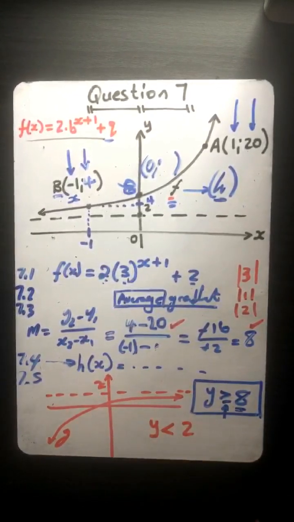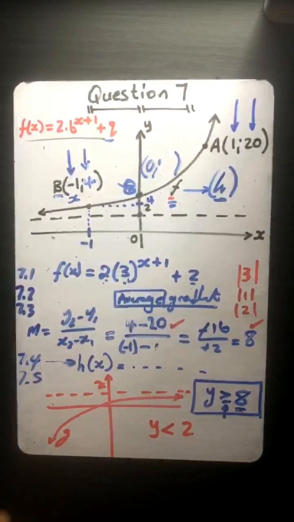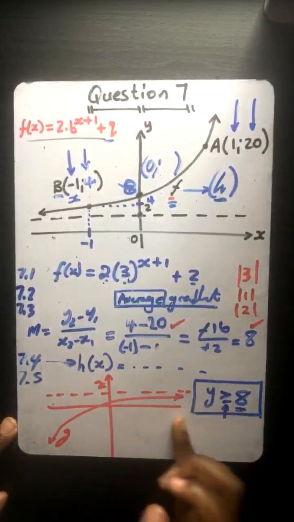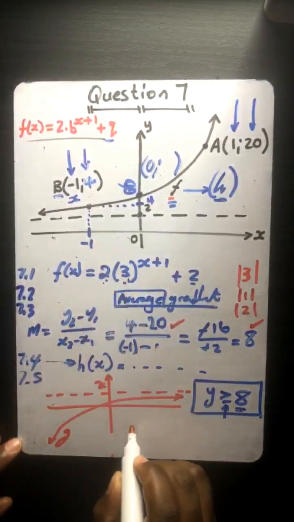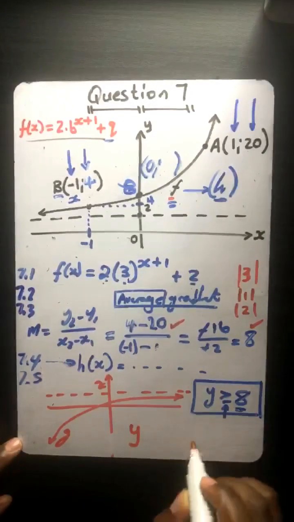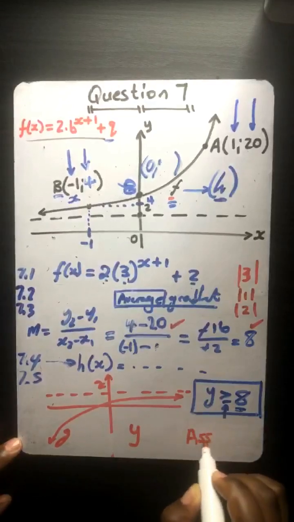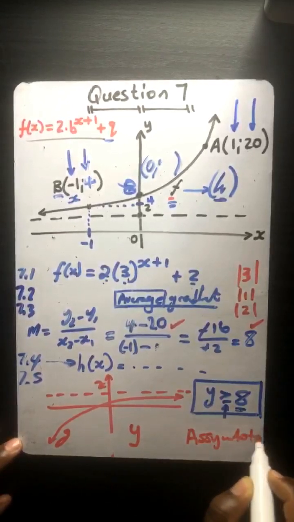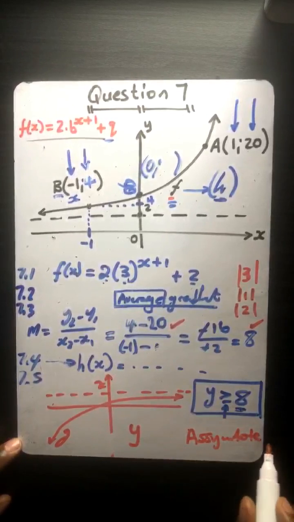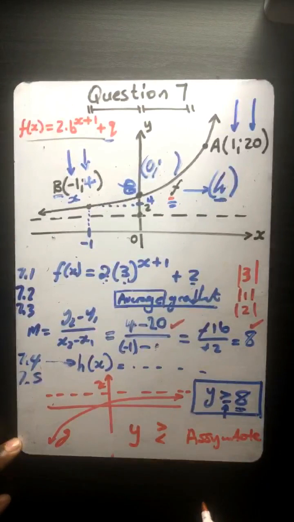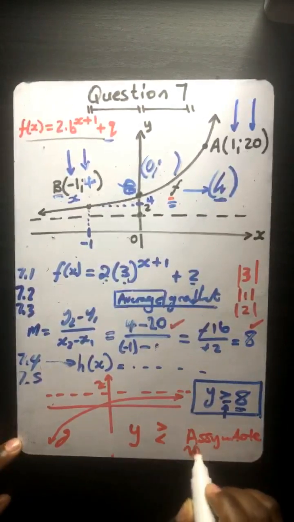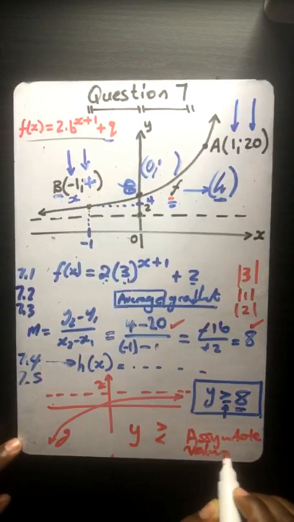So when it comes to the range, in short, I would claim it this way and say y, asymptote. It's just a matter of checking whether you use the greater than or the less than, but this one is the asymptote value.